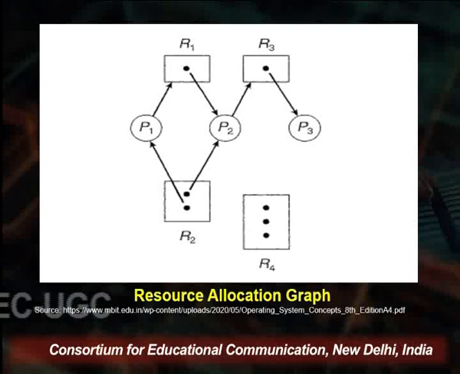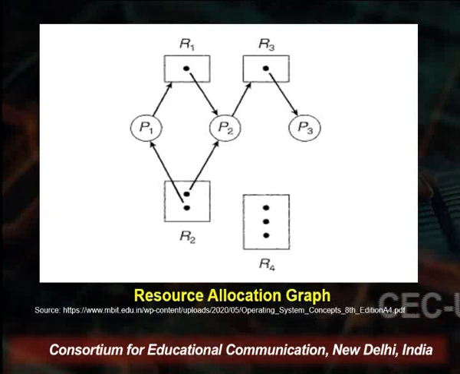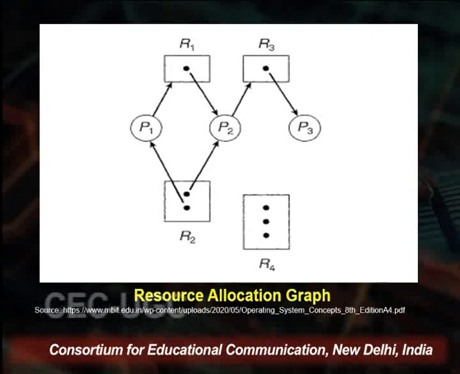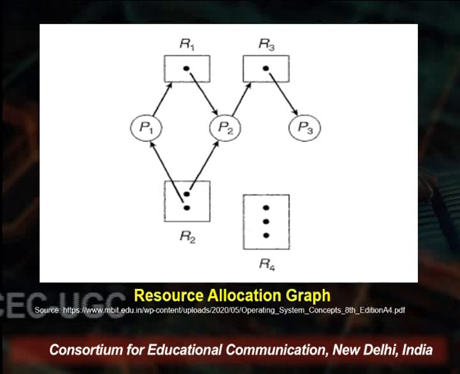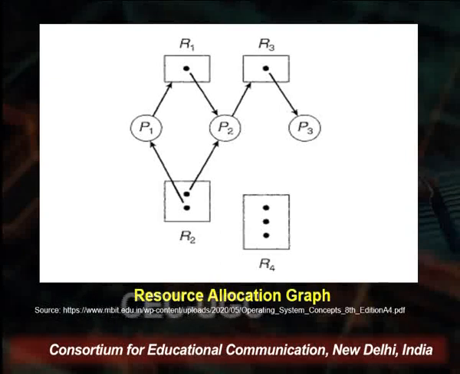There is an edge from P1 to R1. That means P1 is requesting R1, while R1 is already allocated to P2, because there is an edge from R1 to P2. Please mind that there is only one instance of R1, which has already been allocated to P2 according to this resource allocation graph.